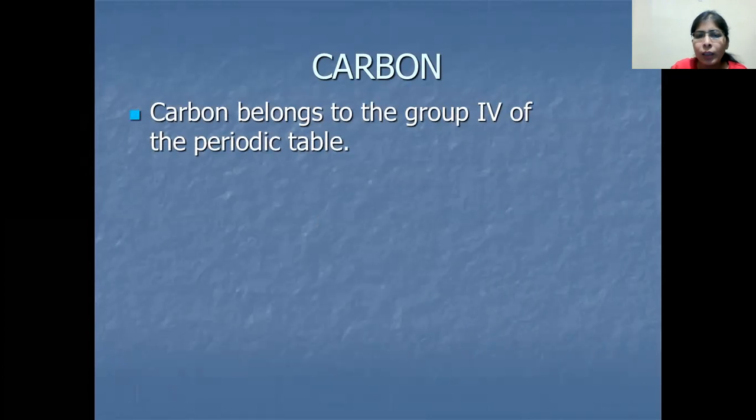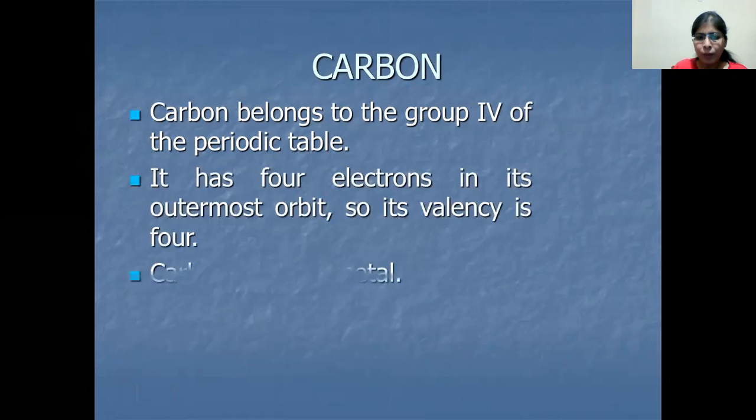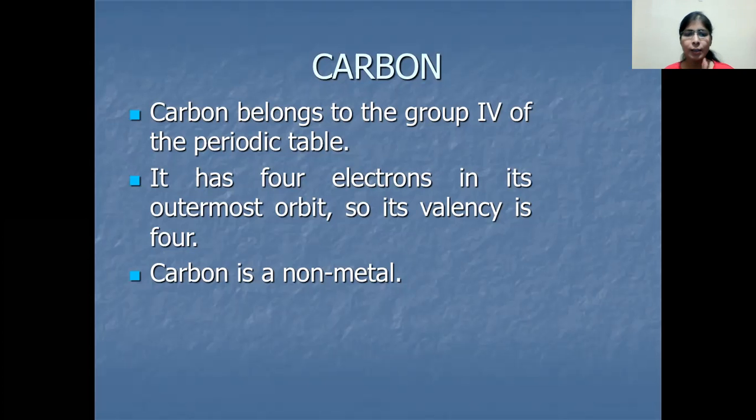Carbon belongs to the fourth group of the periodic table, or in the modern periodic table, the 14th group. It has atomic number 6 and the configuration 2, 4. That means there are 4 electrons in its outermost orbit, so its valency is 4.